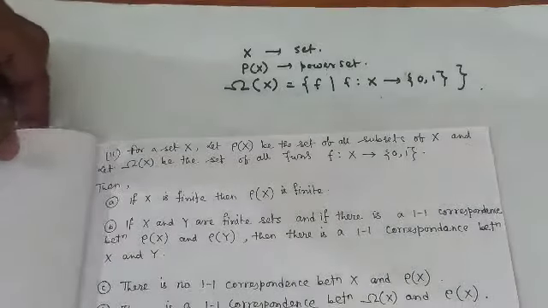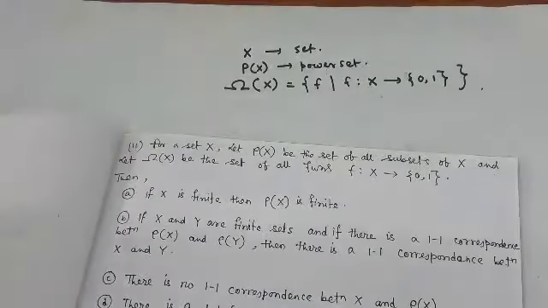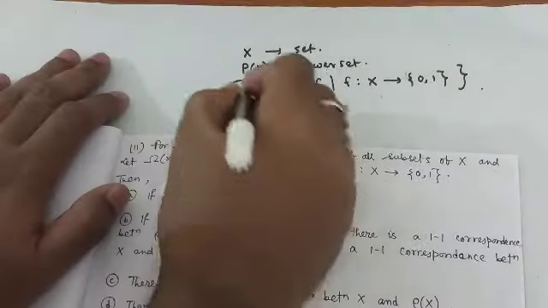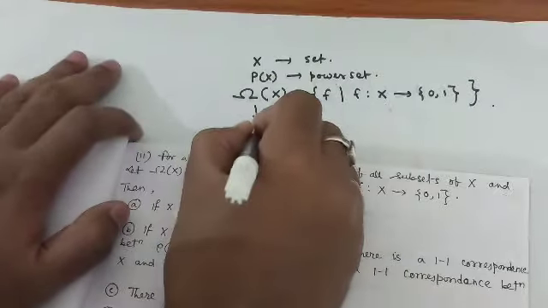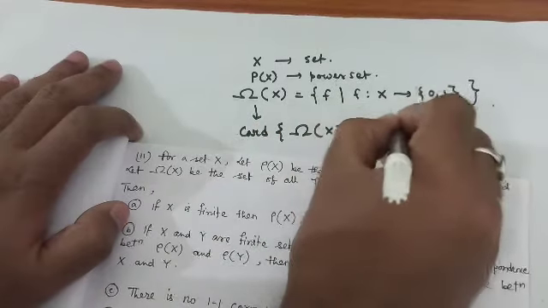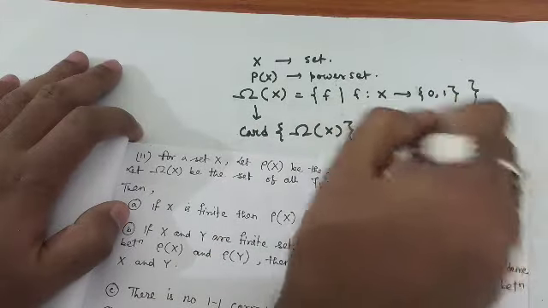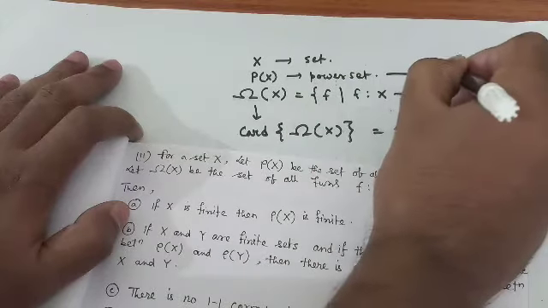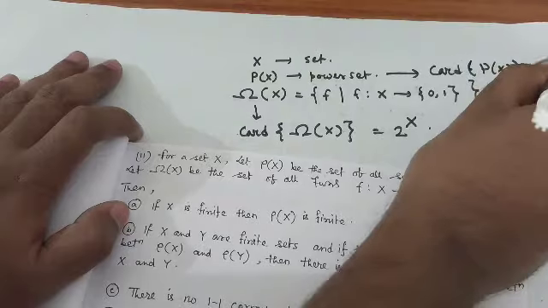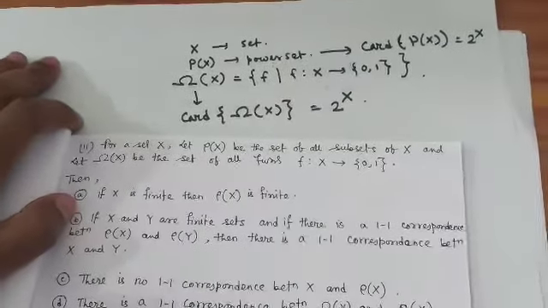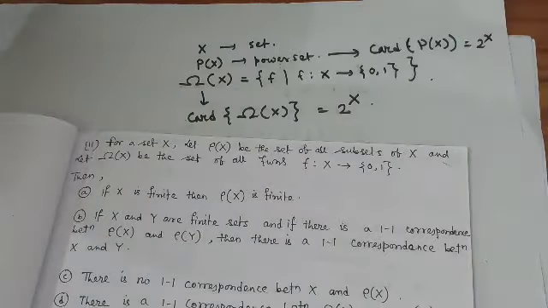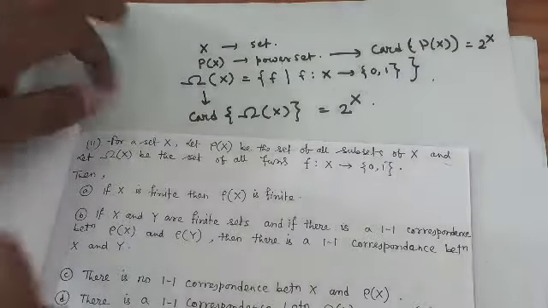It is another form of the power set. Because look at the cardinality of this omega X, this is nothing but 2 to the power |X|, and the cardinality of P(X) is the same, 2 to the power |X|, correct? Fine. Now with this knowledge we are moving on to the options.